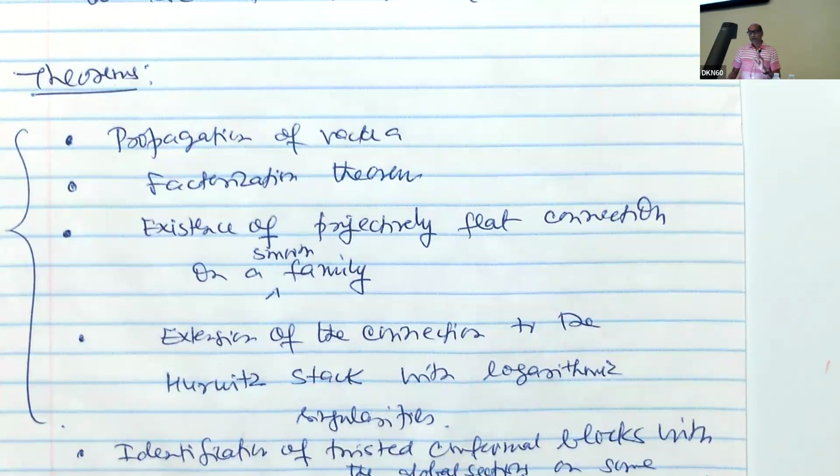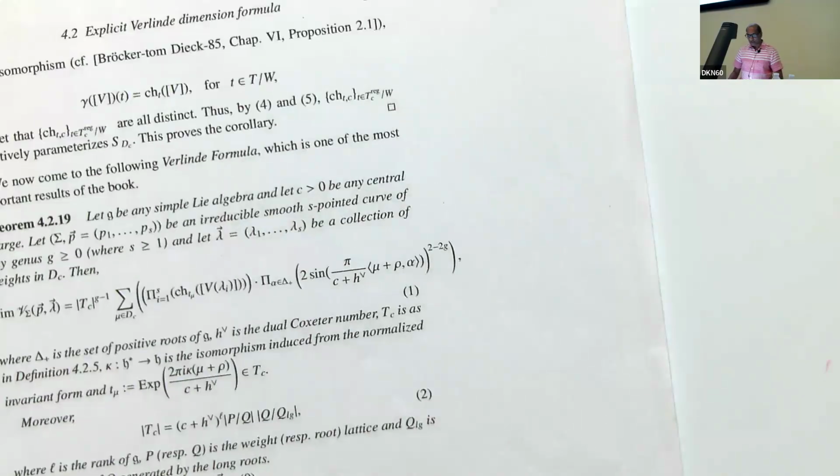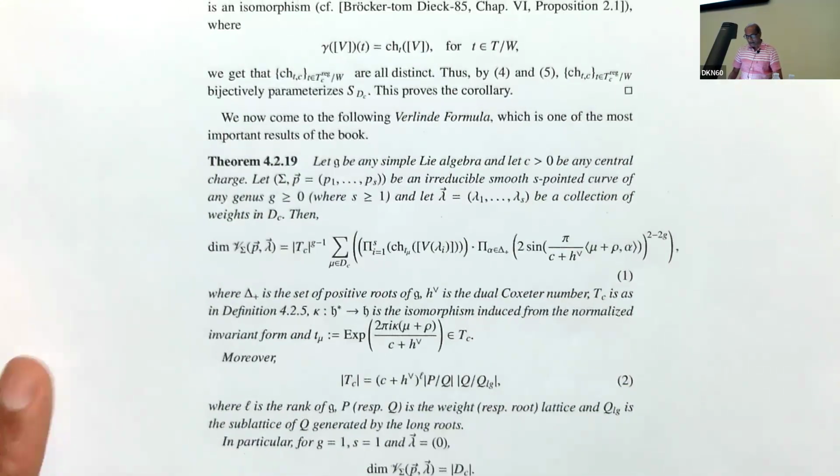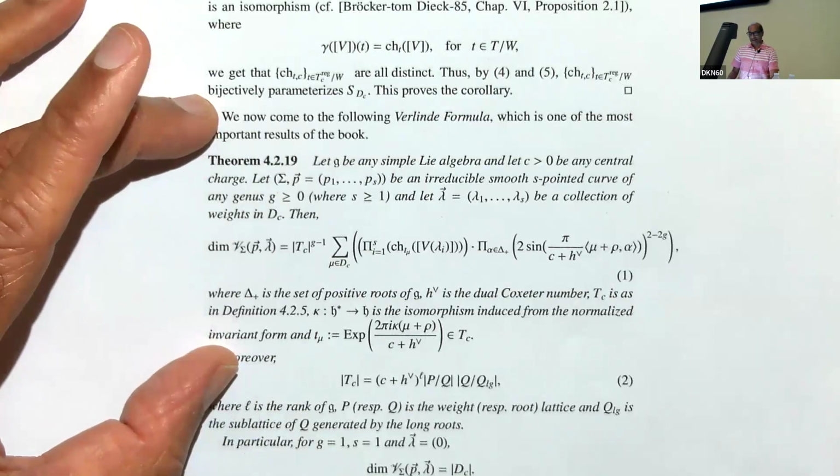And there is still something that needs to be done, but I can't explain that for lack of time. So whatever it's worth, this is the dimension formula in the classical setting.